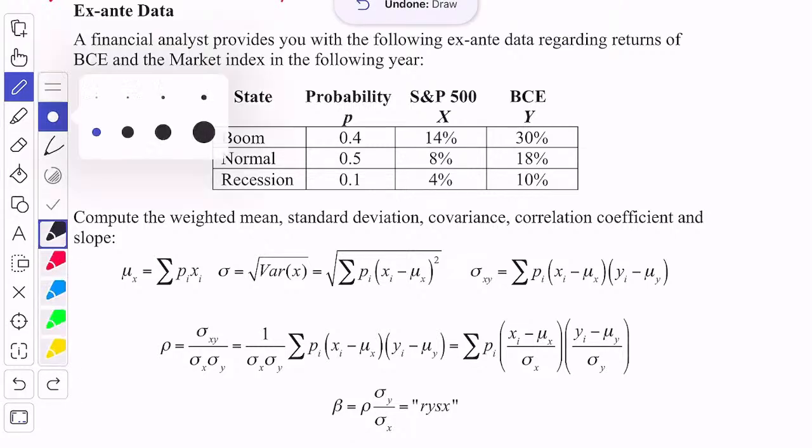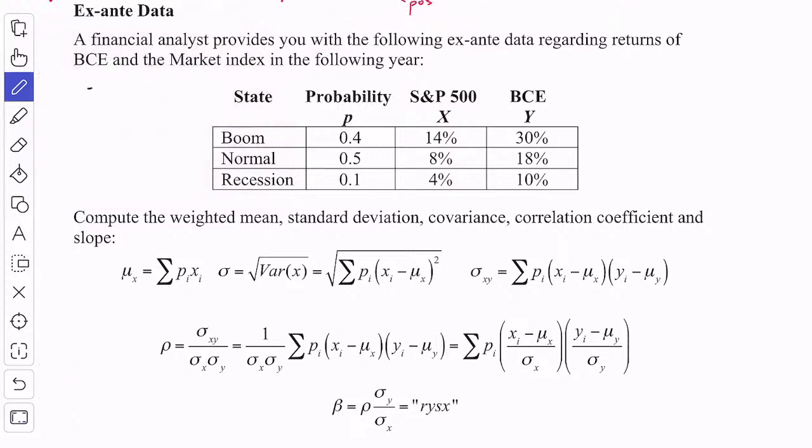So this is a discrete distribution, and it's only 3 possibilities that have been summarized, and these are derived by looking at historical data, using models to predict future outcomes and the future state of the economy, using financial statements and reports to come up with expectations or perspectives of how this firm is going to do. So that's where that comes from.